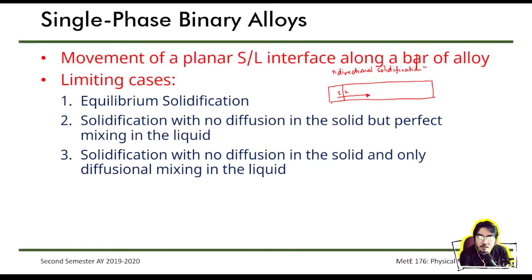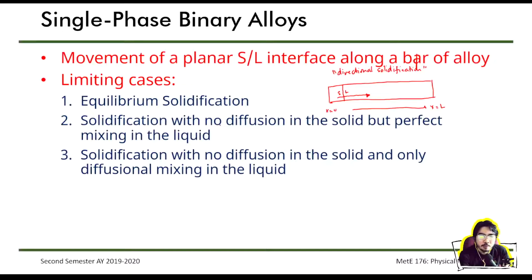So we start with x equals 0 and end with x equals the length of the bar. We can track the concentration behavior in the solid part and in the liquid part. And therefore, we can track the expected microstructure, the expected features that we will see in the solid growth.